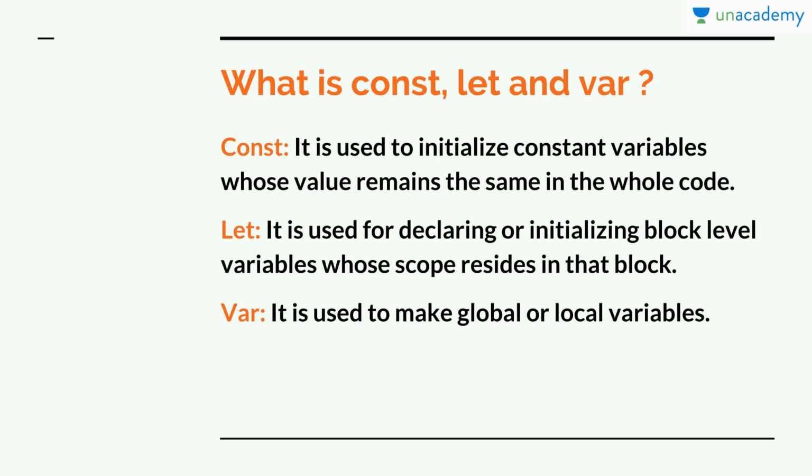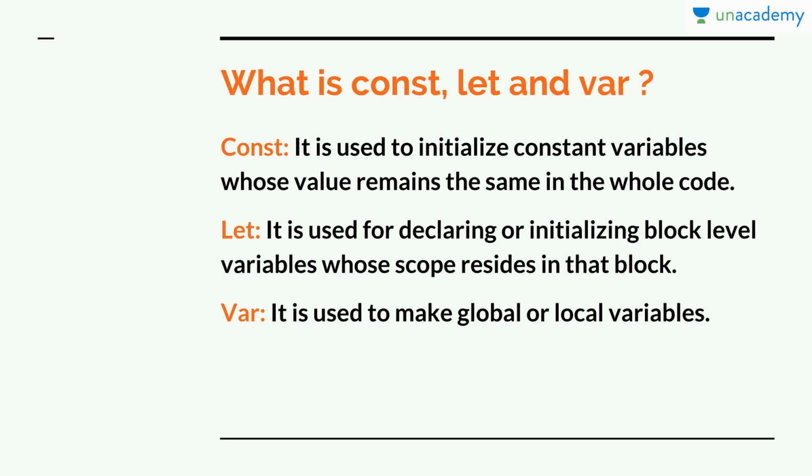We all know that the value of pi is 3.14, and this value will never change if we are using some other kind of program in which we are using pi. In that program pi will again be the same, 3.14. So pi is basically a constant whose value will not change depending upon the code, and the value of constant variables will remain constant throughout the JavaScript code.